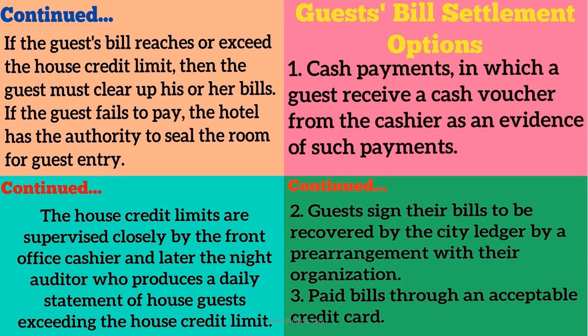Three, paid bills through an acceptable credit card. For the guest folio, if the guest has a problem with it and he or she cannot handle the situation, and he or she has a credit card, this also helps solve the situation.